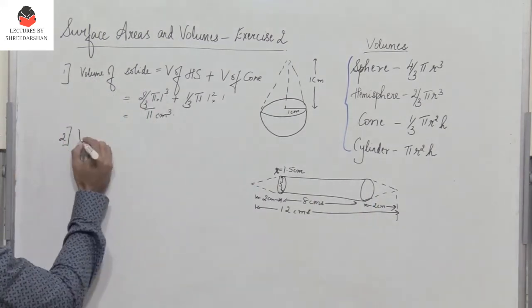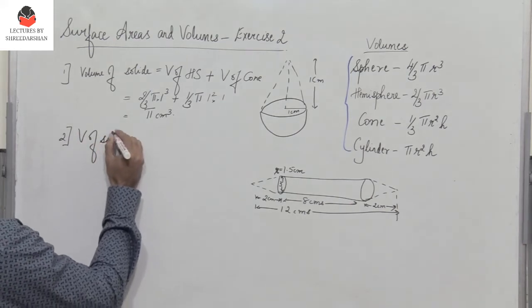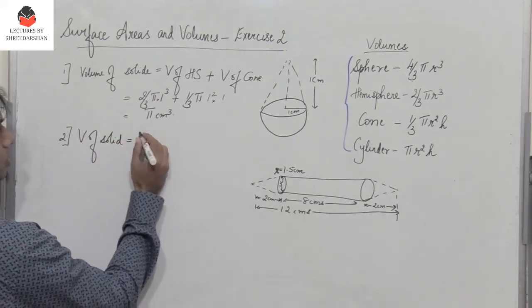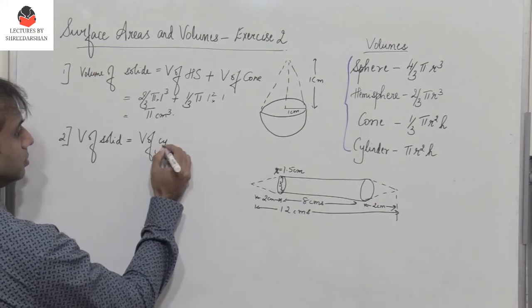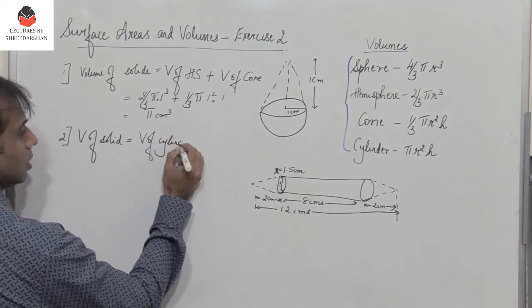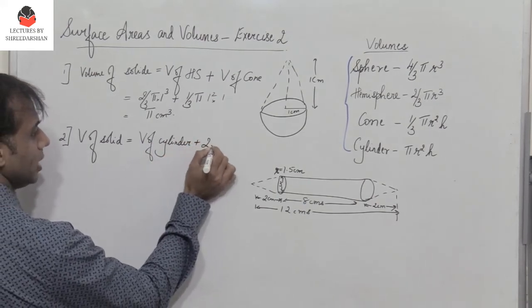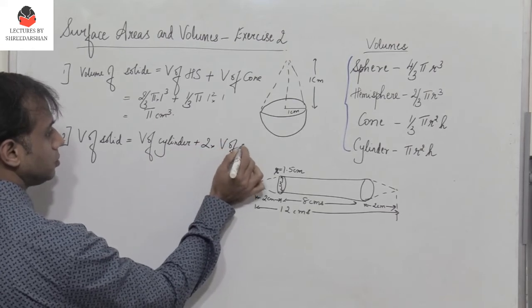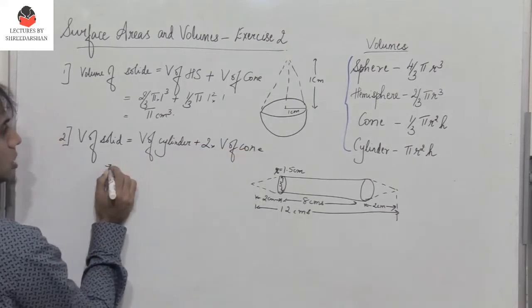So the volume of the solid is equal to the volume of the cylinder plus 2 times the volume of cone. What is the volume of the cylinder?